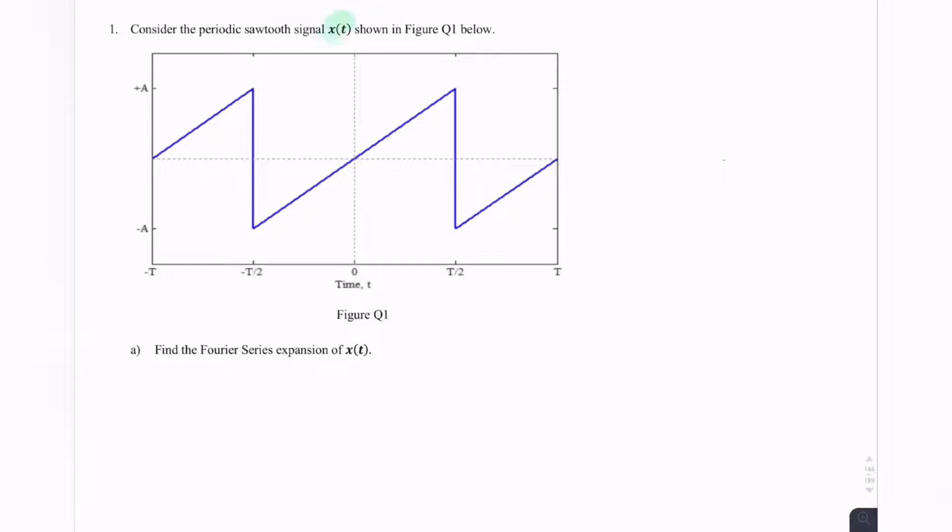Here we're given a periodic signal, x of t, and we're asked for the Fourier series expansion. So, to write x of t as a Fourier series, remember it means finding these terms, the a terms and the b terms.